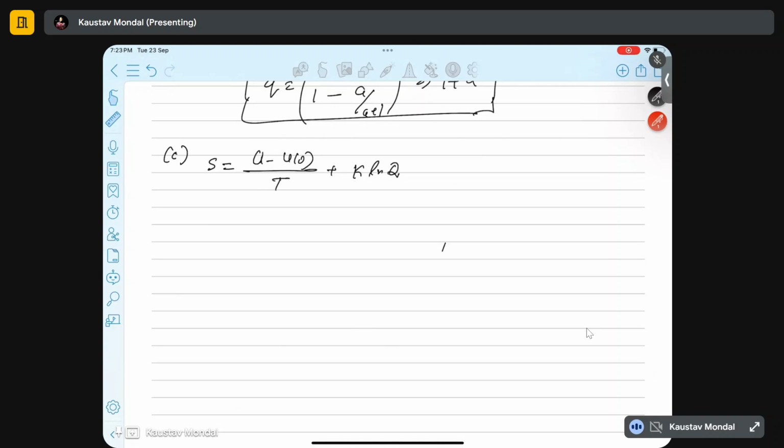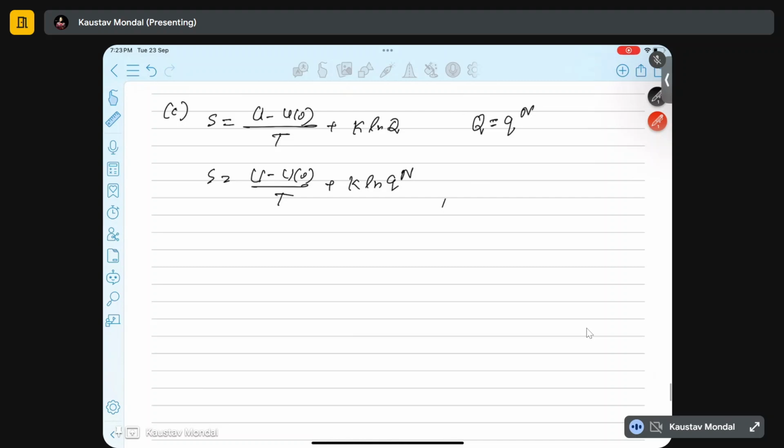For distinguishable particles, we can write the partition function for the ensemble in terms of the molecular partition function, and that is Q equal to q to the power N. So S equals (U minus U0) by T plus k ln Q to the power N. Now just do the normal math.